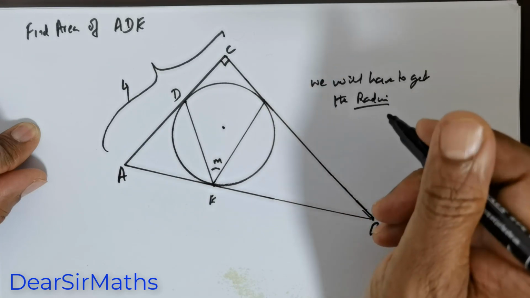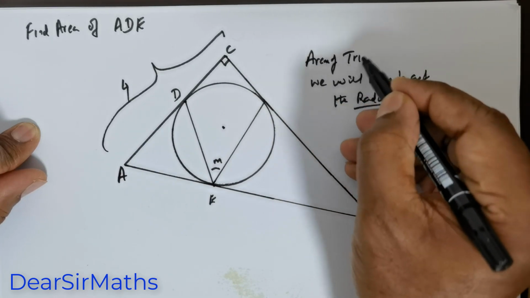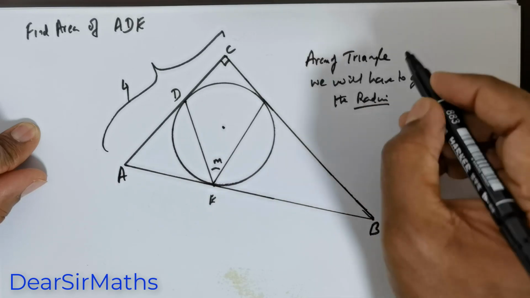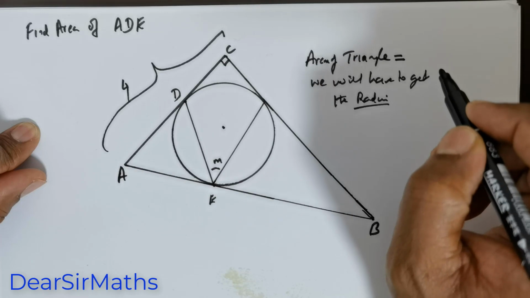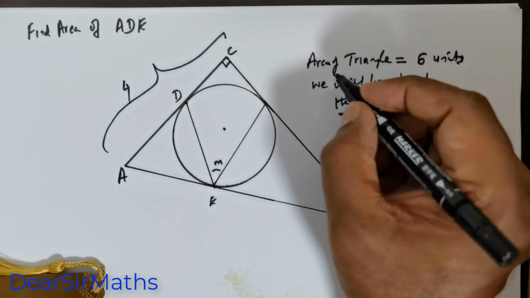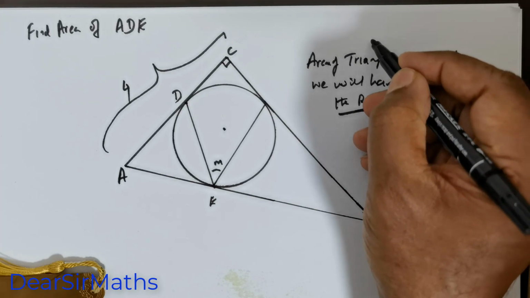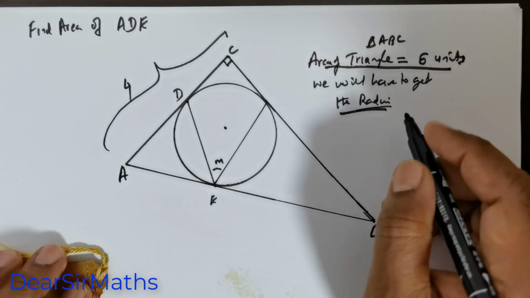It is given that the area of the triangle is equal to 6 units. Now when I say area of the triangle, we are talking about the triangle ABC. So let's see how to do that.